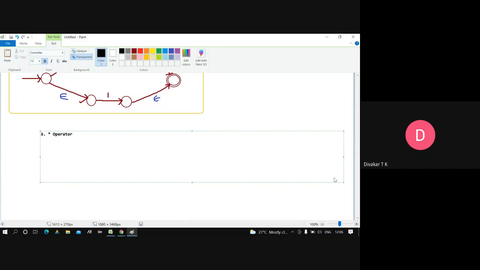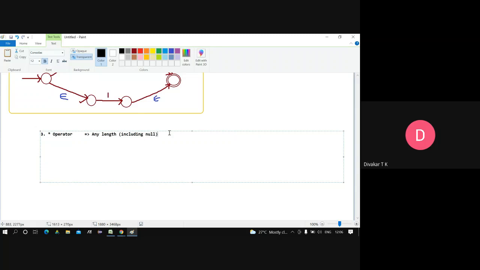Okay, good. Star operator meaning, yes, I will take any length here. So star operator meaning any length, including epsilon, including null, 0.